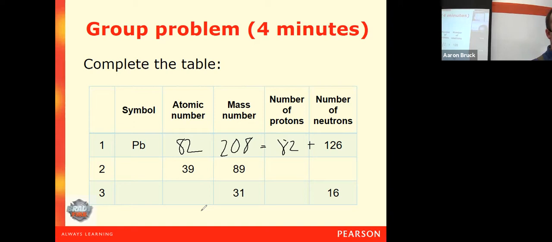And so if I want to turn this into nuclide notation, I would have the lead symbol, the mass number there, and the atomic number there. In number 2, I'm given the atomic number and the mass number. Well, atomic number is 39, so that means that the number of protons is also 39.